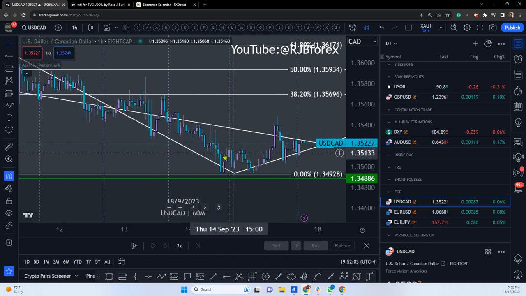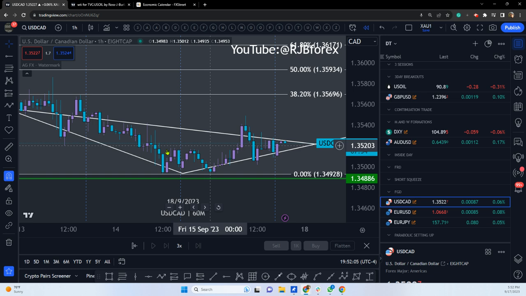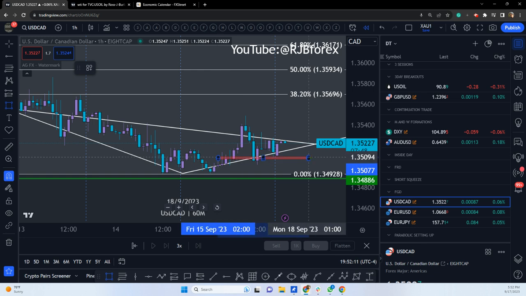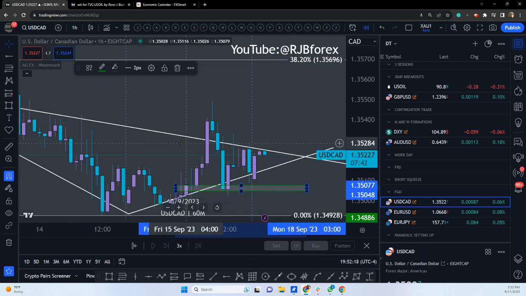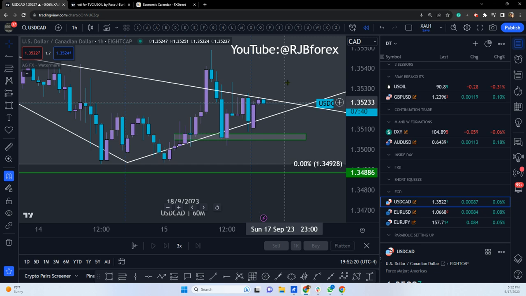Looking like accumulation here, break of structure on that candle, pull back into the origin of the impulse. So this is acting as support in here. So long as we can stay above this area, we're looking for longs.